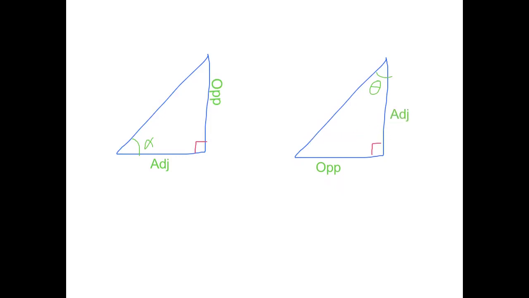So you see how when you're focusing on different angles of the same triangle, the adjacents and the opposites change. So it's really important to remember how that happens. You can't always go by this being the adjacent and this being the opposite. You have to remember which of these angles you're looking at. You have to make sure you're labeling your sides correctly. That's all I'm trying to say here.